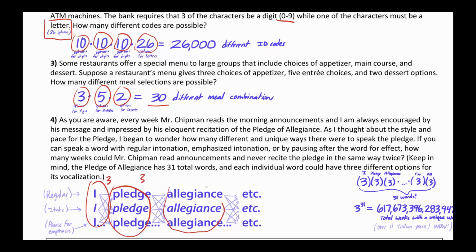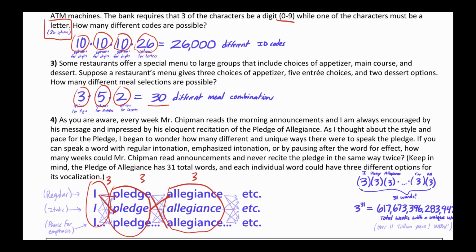If I go ahead and go to just the third word out of the Pledge of Allegiance, I now have 3 times 3 times 3 different options. Because maybe I go down here, but then I go back to the original. Maybe I go over and then I go to the bottom. 3 times 3 times 3 is 27 different ways. And this is just for the first 3 words. What happens if we go out for the full 31 words?